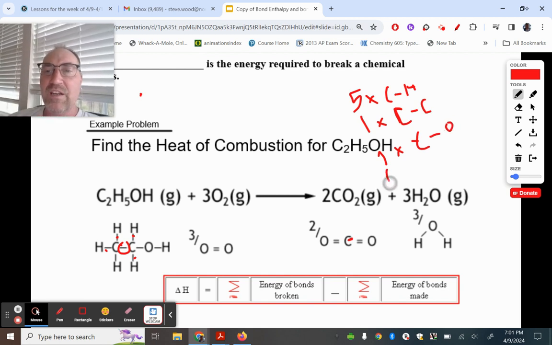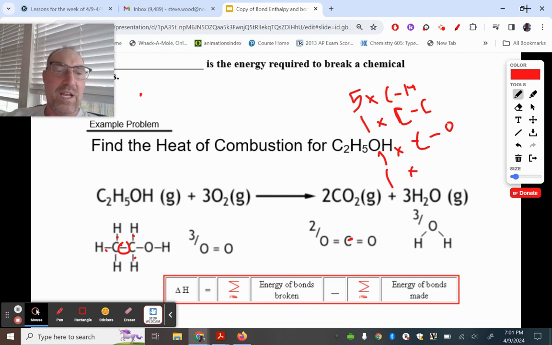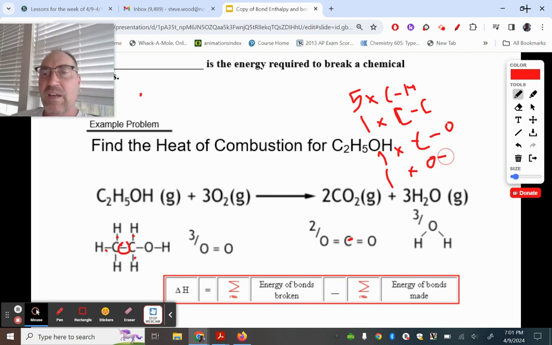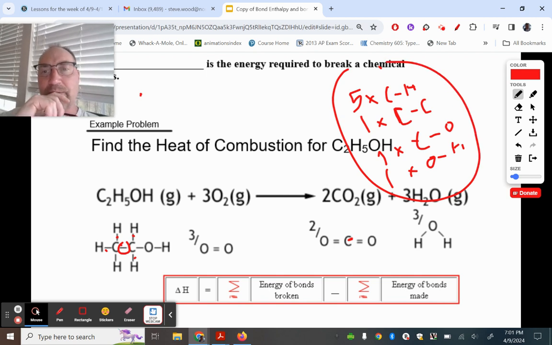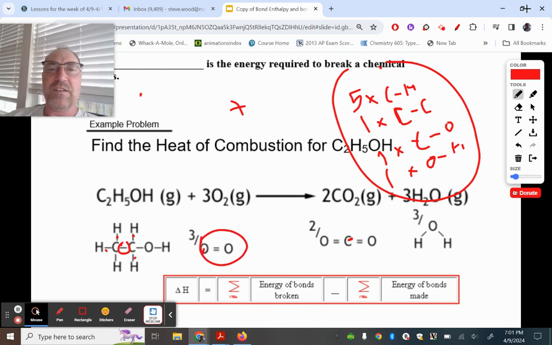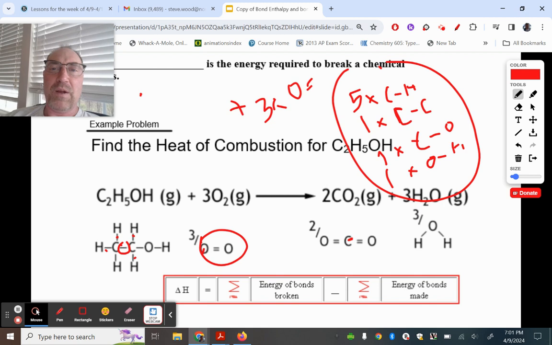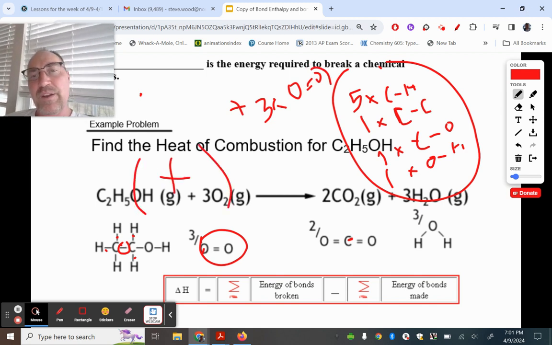And then one O-H bond, right? And you add all these up. These are all going to be positive because they're on this bonds broken side. And then you're going to add to that 3 times your O=O double bond. And again, this is all positive on this side.